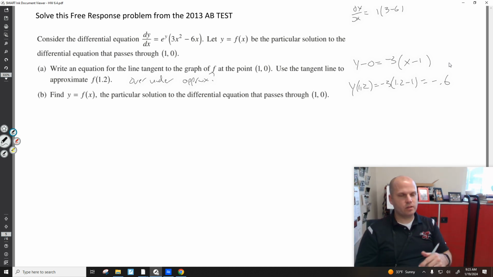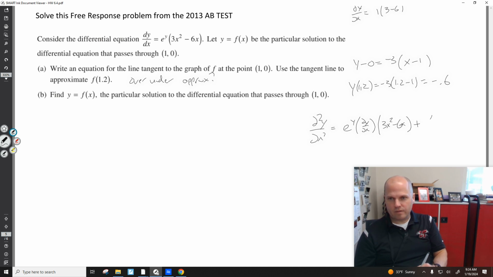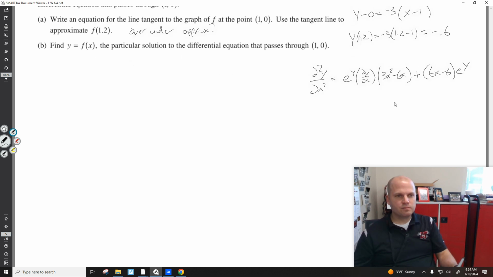Second derivatives. If you take the derivative of e to the y times 3x squared minus 6x, you have to use the product rule. The derivative of the first is e to the y times dy dx, times the second, plus the derivative of the second times the first. Now, doing some of the work we've already done, we know e to the y is positive. We know dy dx ends up being negative.